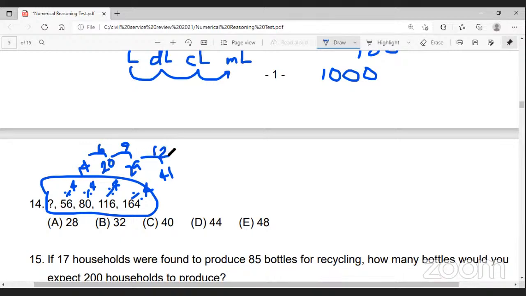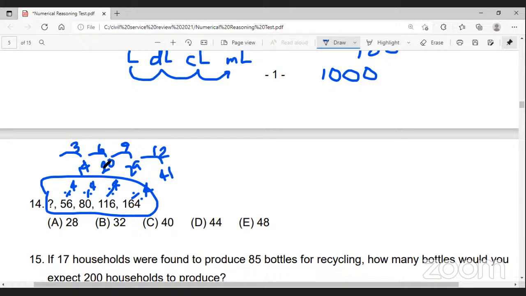Thanks, Miss Jem. 6, 9, 12. Meaning, what's the difference here? To be consistent, the difference here is also 3. 6 to 9, 3. 9 to 12, 3. Therefore, the difference here is also 3.